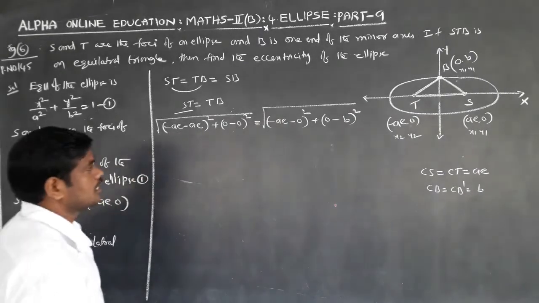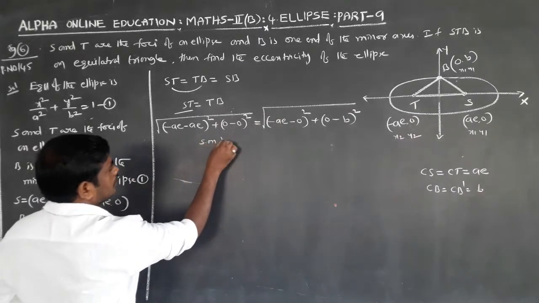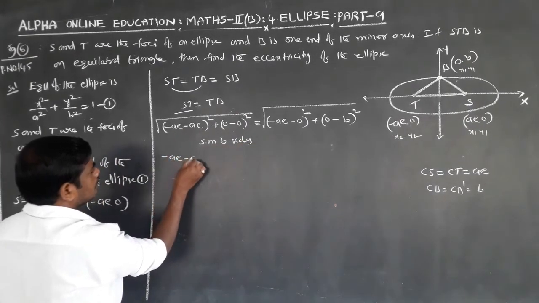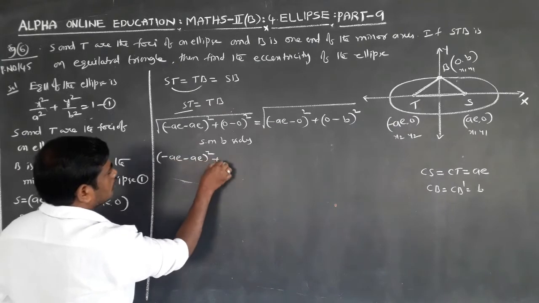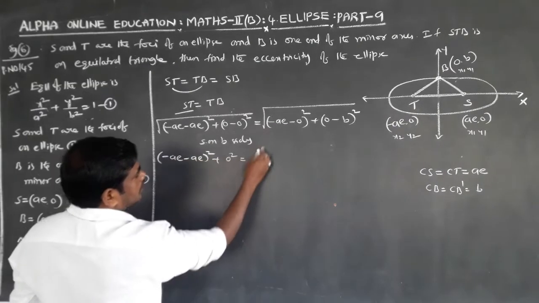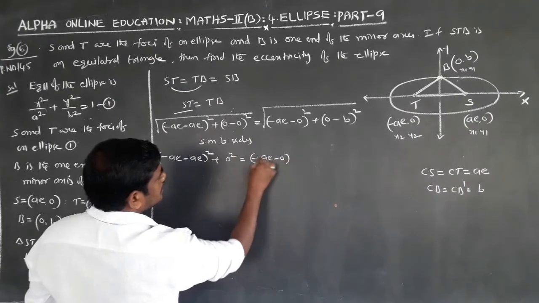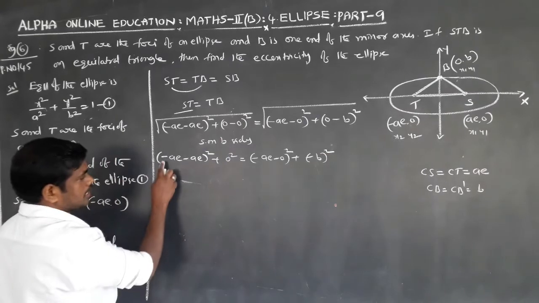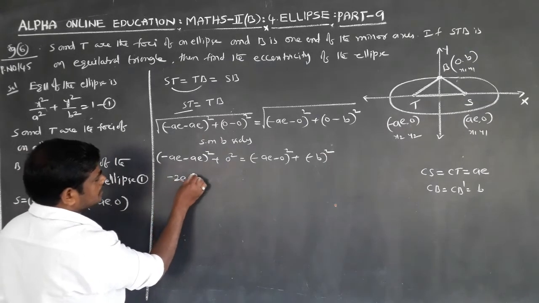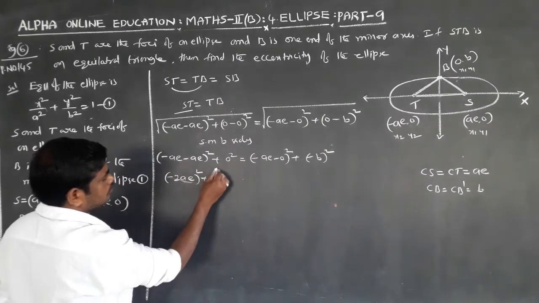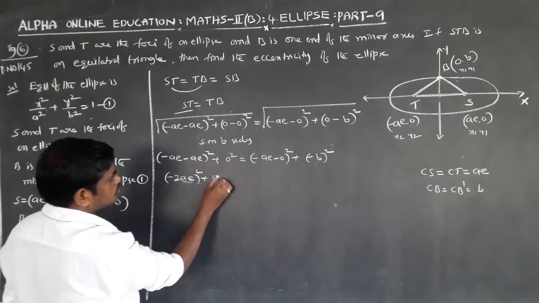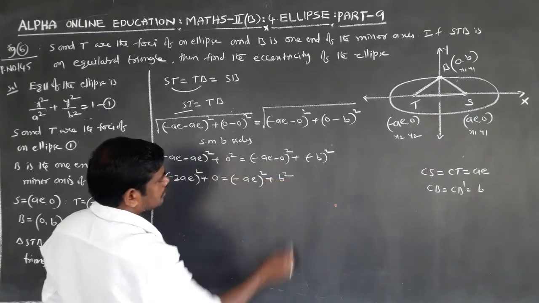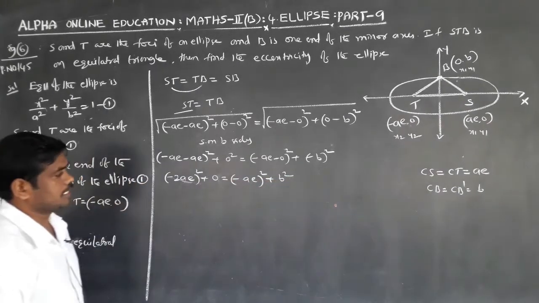whole square, under root. Squaring on both sides: minus AE whole square plus 0 square, minus AE minus 0 whole square minus B whole square. Minus AE minus 2AE whole square plus 0 square is equal to 0 minus AE whole square plus B square.